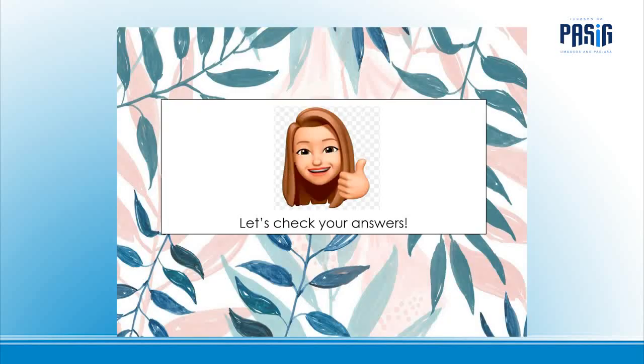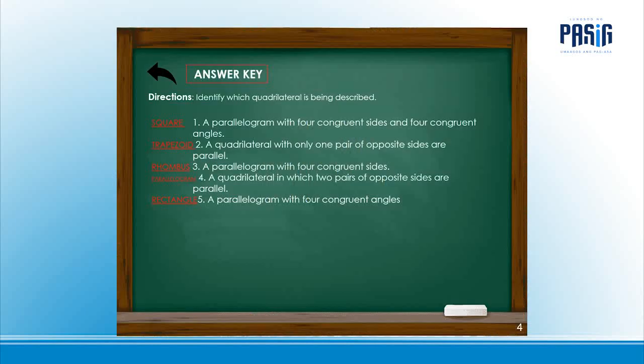Let's check your answers. Here is the answer key in recap. Number 1. A parallelogram with 4 congruent sides and 4 congruent angles is a square. Number 2. A quadrilateral with only one pair of opposite sides parallel is a trapezoid. Number 3.